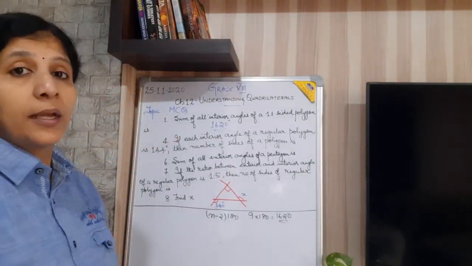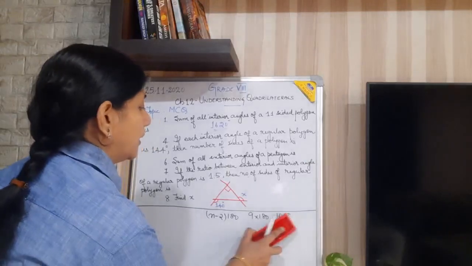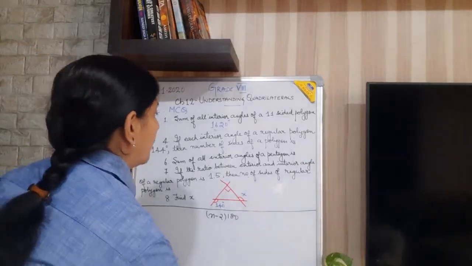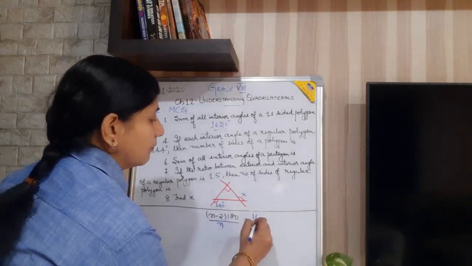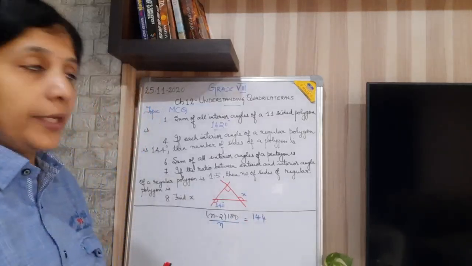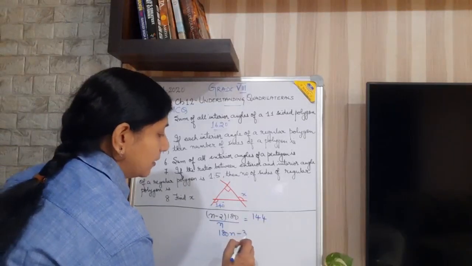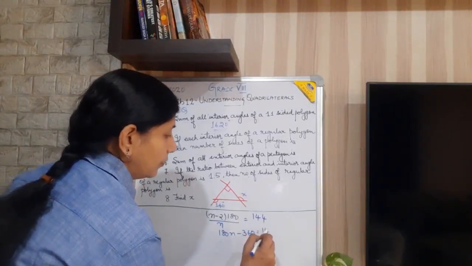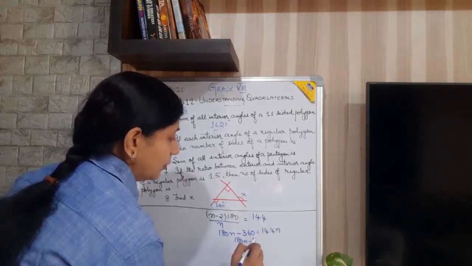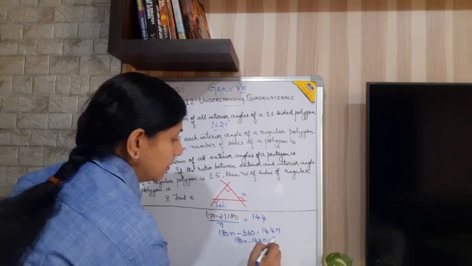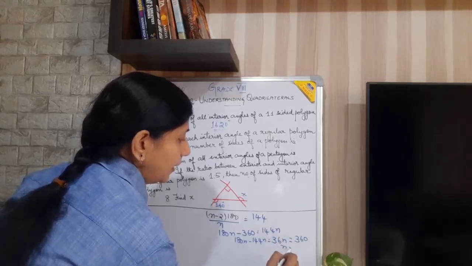Each interior angle of a regular polygon is (n minus 2) into 180 upon n, equal to the given 144. So you have to find n. So it is 180n minus 360 equal to 144n. So 180n minus 144n, that is 36n. 36n is 360. So n will be 10.